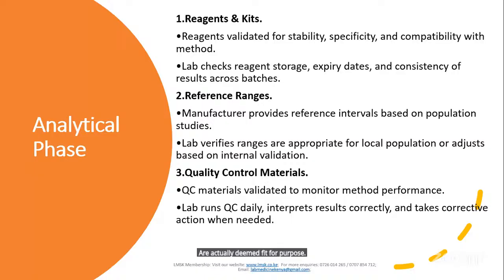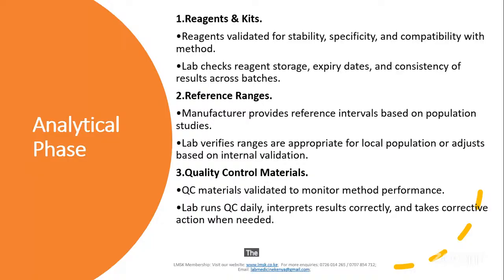Reference ranges. I know reference ranges is a whole discussion, but I'm not going into development of reference ranges. The manufacturer of a given system provides you reference ranges, okay?